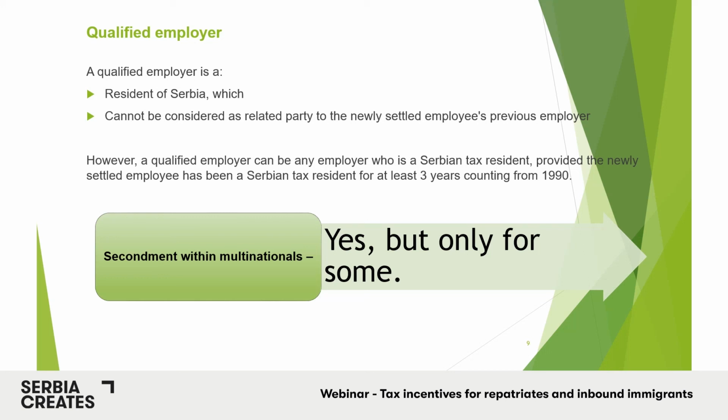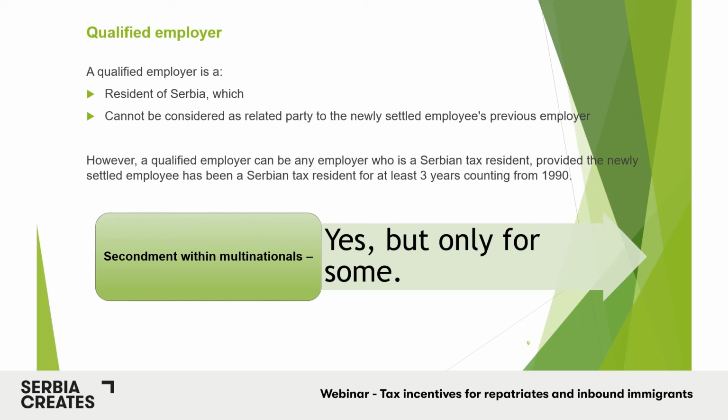So if a Serbian citizen or somebody who has a close personal attachment to Serbia is being seconded to Serbia, bearing in mind that this incentive lasts for a period of 5 years, then our suspicion is that this Serbian individual is more likely to remain here than, for example, a non-Serbian who has been seconded and who will probably go abroad once the secondment period is over.